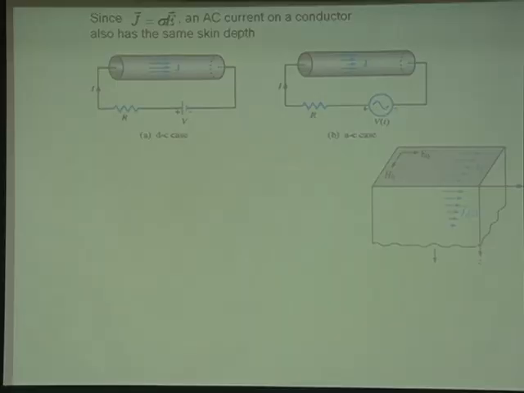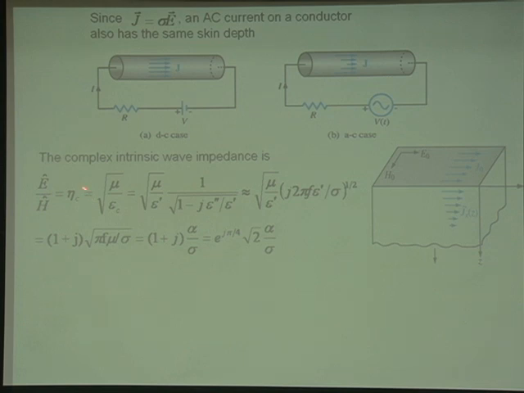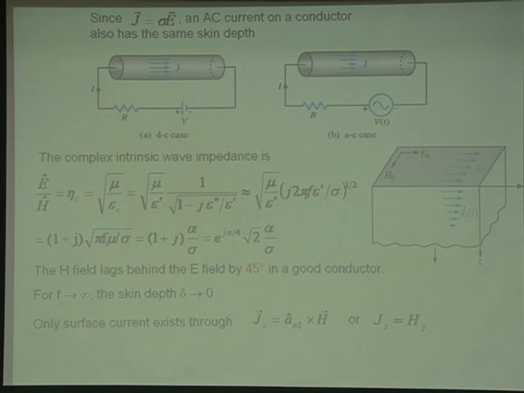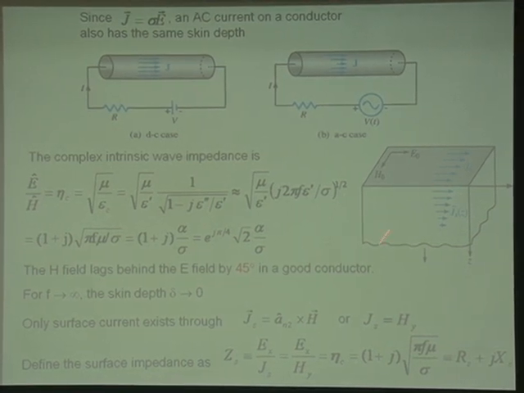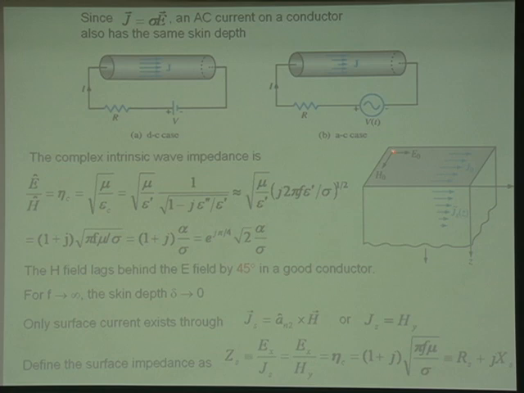So previously we have a definition of E over H, that is called wave impedance. We can also define a surface impedance for an electromagnetic wave incident on a piece of conductor. Well, the same thing, you can define Ex over Hy on this surface, the electric field in the x direction over the H field in the y direction.